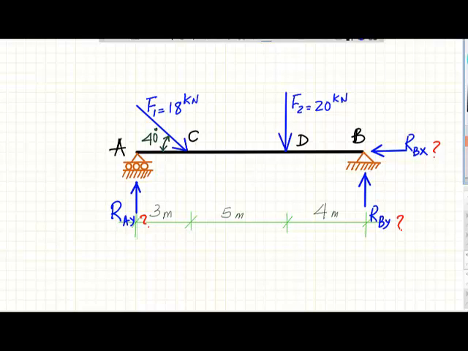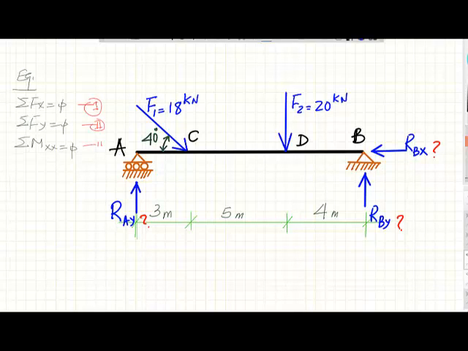If you remember, we had the equilibrium equations: sum of all forces in x direction is equal to 0, sum of all forces in y direction equal to 0, and sum of moments about a certain point equal to 0. So we have three equations which we can use to calculate these three unknowns.